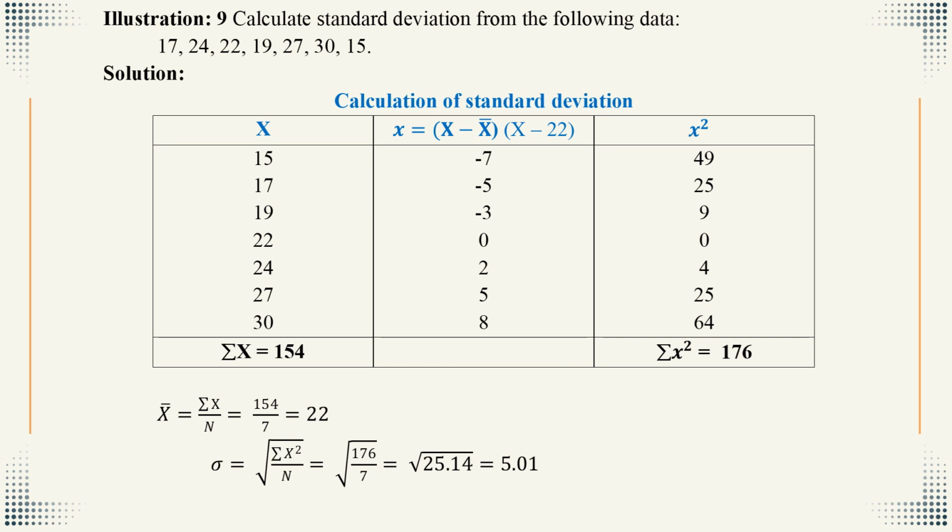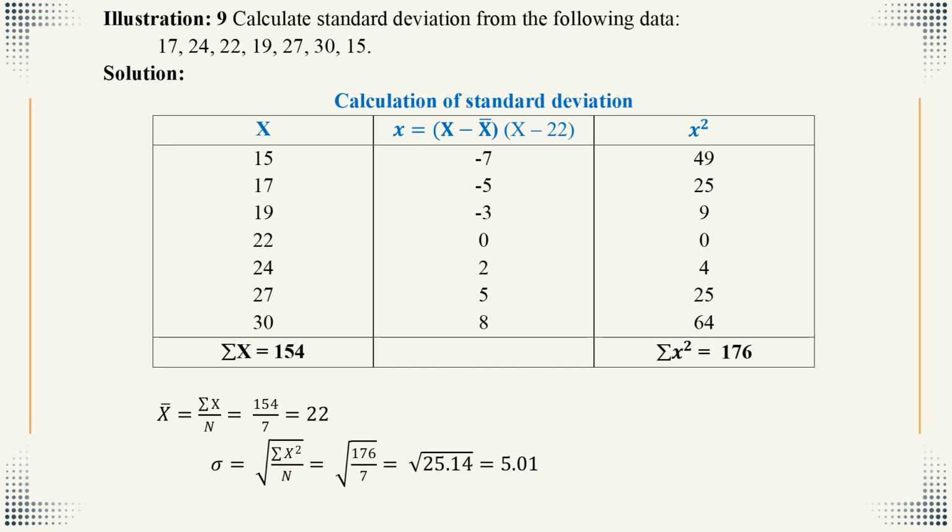Here x bar has been calculated as sigma x by n equal to 154 by 7 equal to 22. That 154 is the total of the x, so 22. Now x minus x bar means x minus 22.